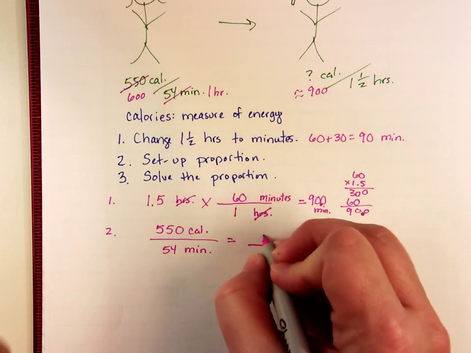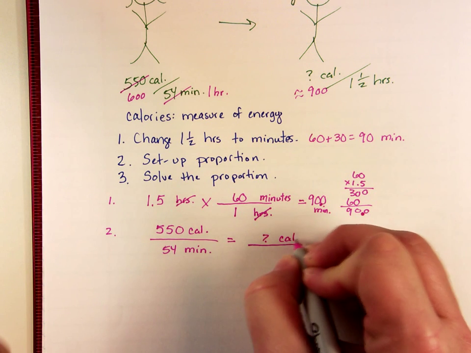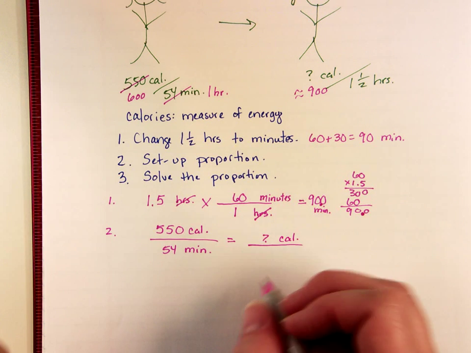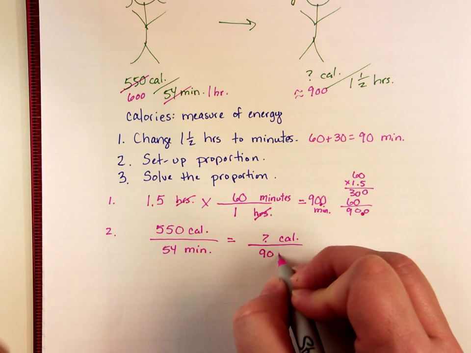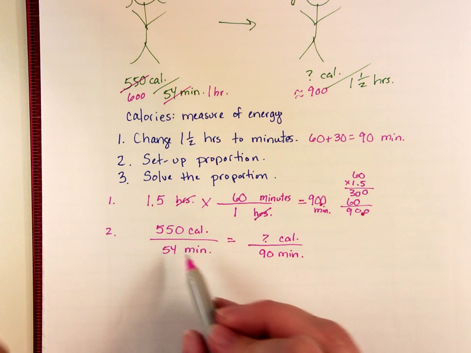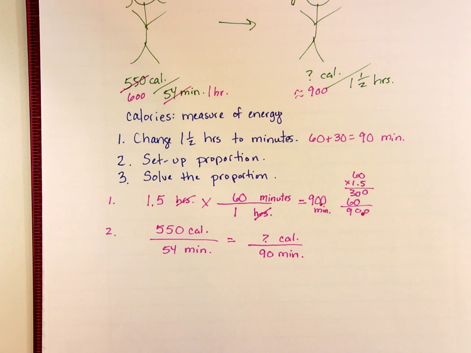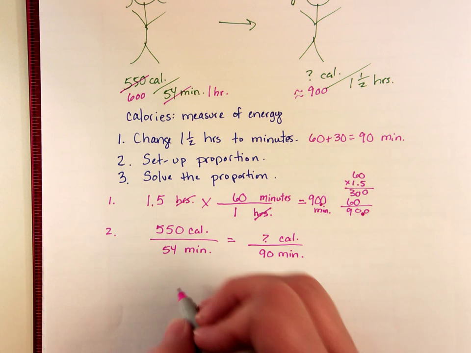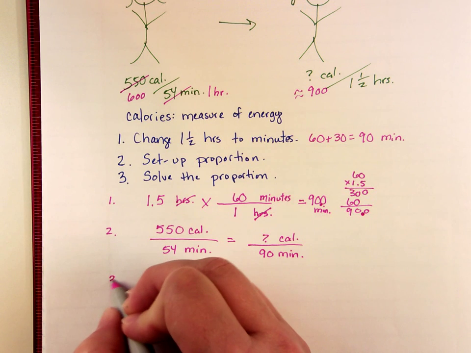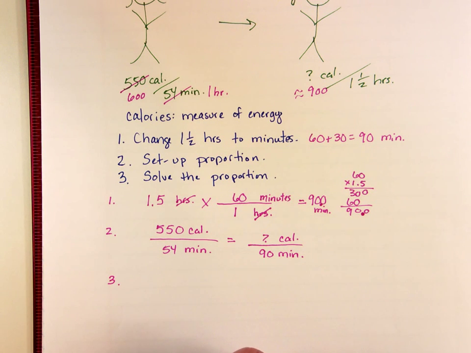How many calories is up here? And we already converted 1.5 hours into 90 minutes. Now our units match. We have the same units on the bottom and the same units on the top. Okay, it's set up.